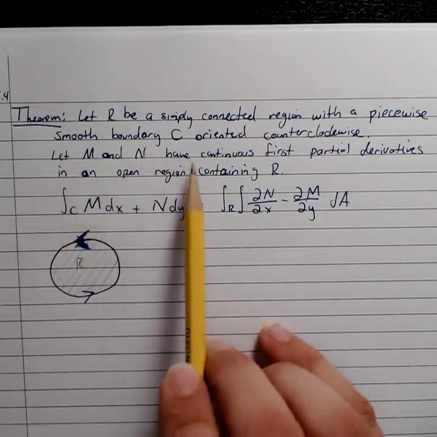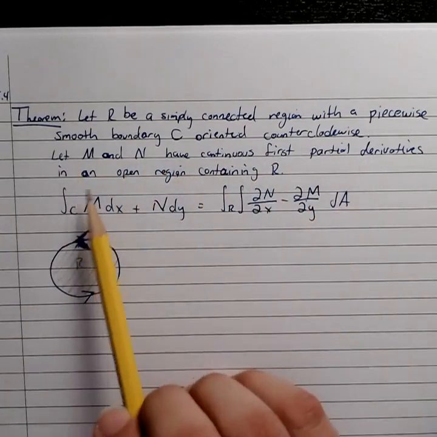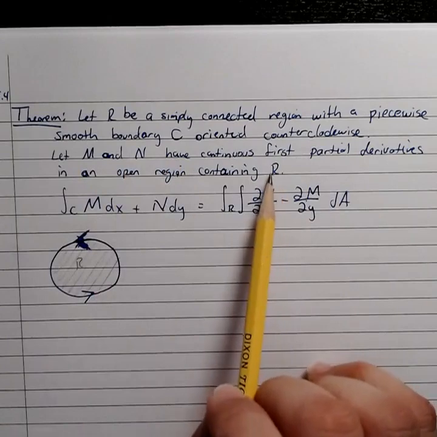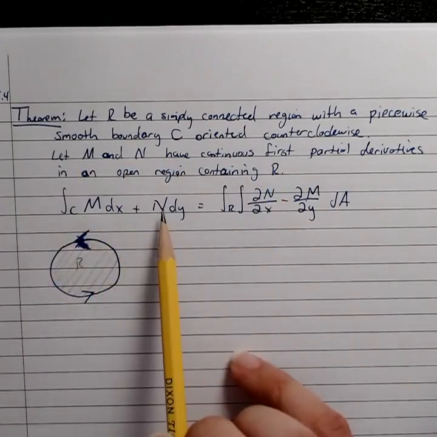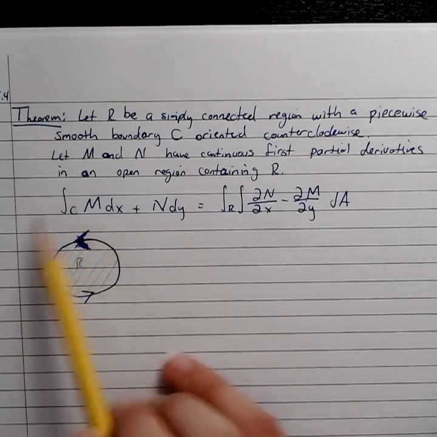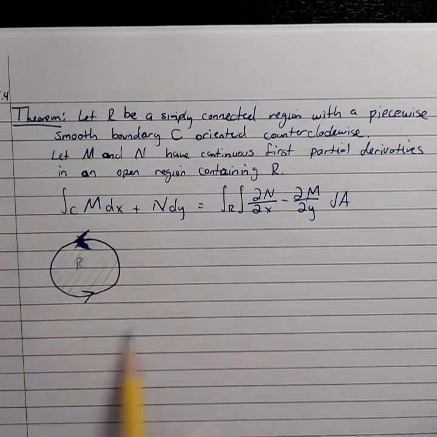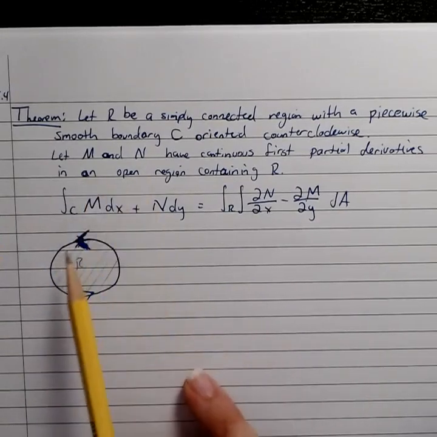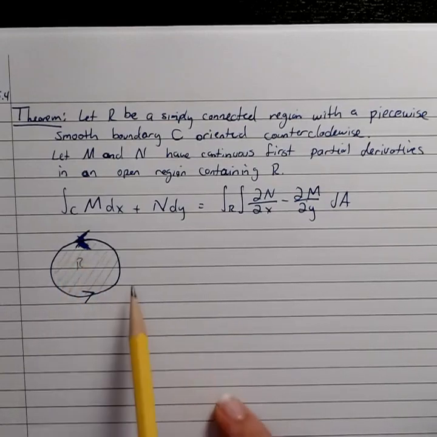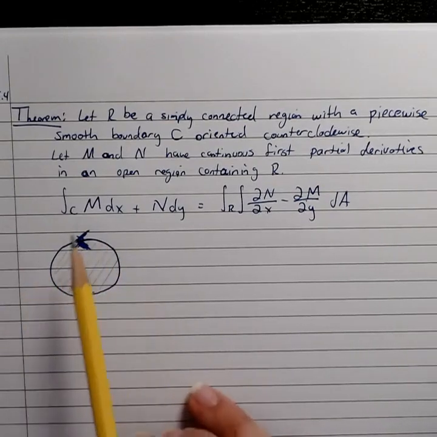Let M and N have continuous first partial derivatives in an open region containing R. So my M and my N have continuous first partials out here on the plane, and maybe it's not the whole plane, but it's definitely something that involves this. M and N definitely have continuous first partials in here, and probably elsewhere.